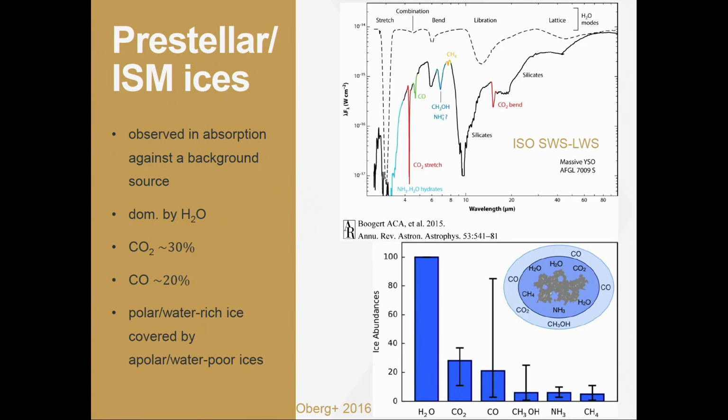What we start with in these prestellar dense cores are some initially very simple ices. As your interstellar medium is evolving from diffuse to dense, you will go into areas of higher density, which are colder, and you will start freezing out some of your gaseous molecules and forming your first ices.